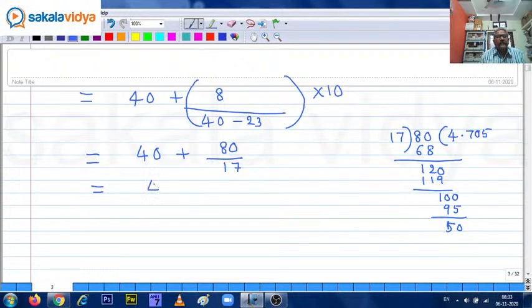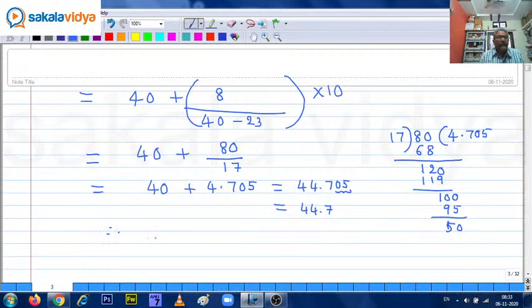So 40 plus 4.705 equals 44.705. If we adjust to 2 decimal points, approximately we can write 44.7.